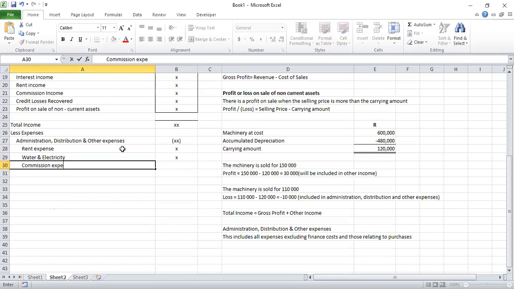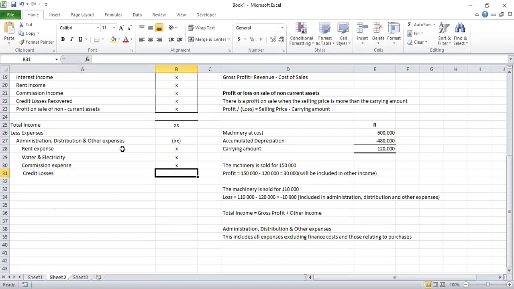Maybe you have got agents who are selling your products and you are paying them a commission. We have credit losses. The moment that your clients fail to pay, we record them as an expense, which is called credit losses. For those who did accounting long back, that's what we used to call bad debts. So that's the same as bad debts. But when you recover now, it's an income, which is credit losses recovered.